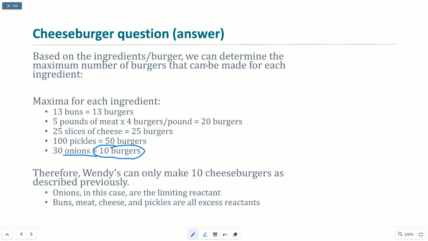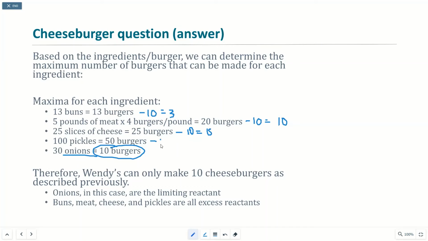Now, something else that we can look into and that we can look for is, well, if I make those 10 burgers, how much of the other stuff is left over? Well, I can see that there will be 3 buns. I can see that there will be 10 burgers worth of meat. I can see that there will be 15 burgers worth of cheese.